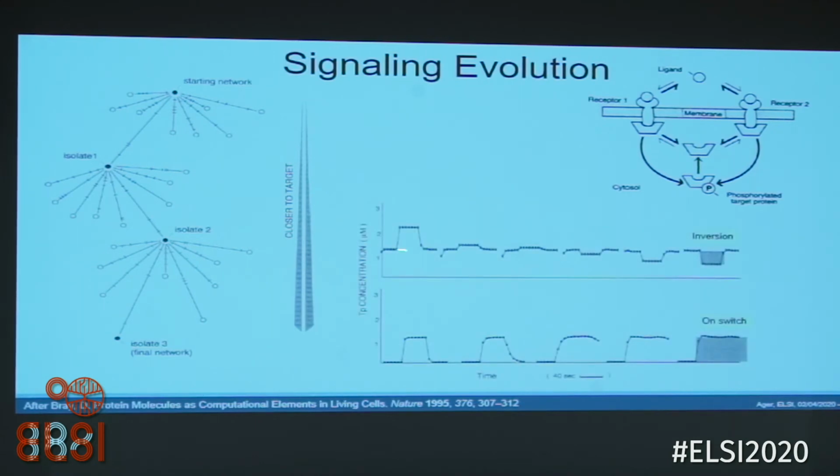Here's one where you've trained the network to take a signal that starts out being a step function in the concentration of the phosphorylated target, and you evolve it to become a signal inversion. Similarly, this one actually goes on and stays on. It actually produces something that has a bit of a memory of what happened before, all of which you can do by changing the rate constants in the network.